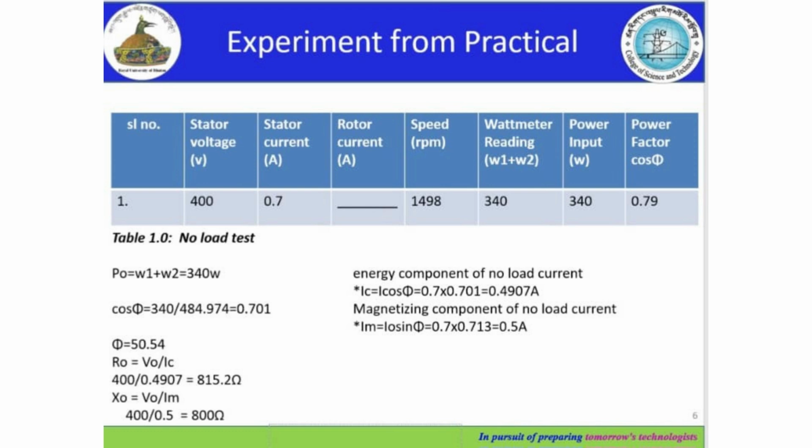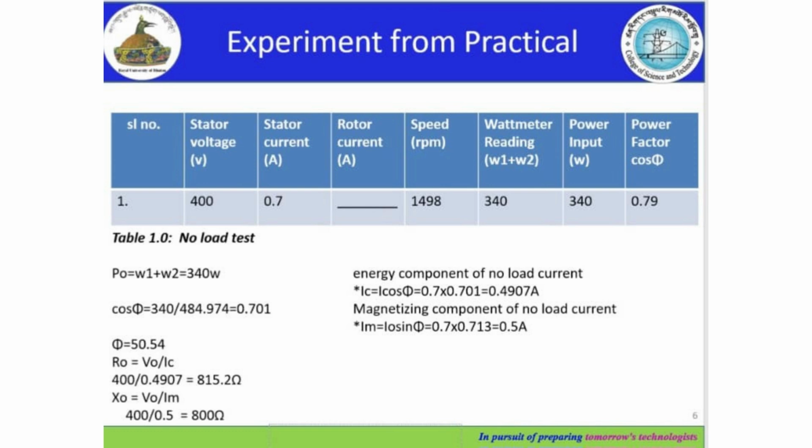Therefore, for the better understanding, we have collected the data that we have done in our practical classes on the equivalent circuit of the three-phase induction motor. Therefore, as shown in the table, we have P0, which is the sum of wattmeter reading 1 and the wattmeter reading 2, which is equal to the 340 watt.